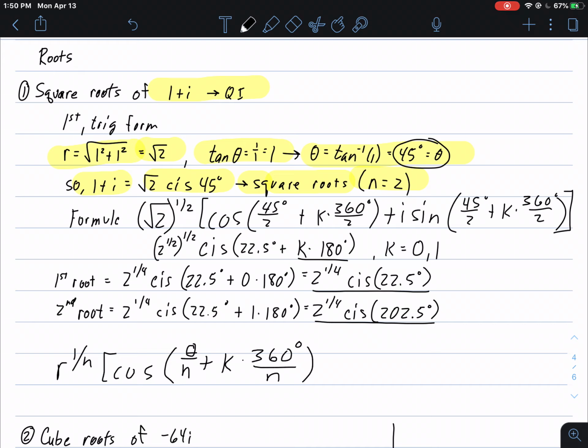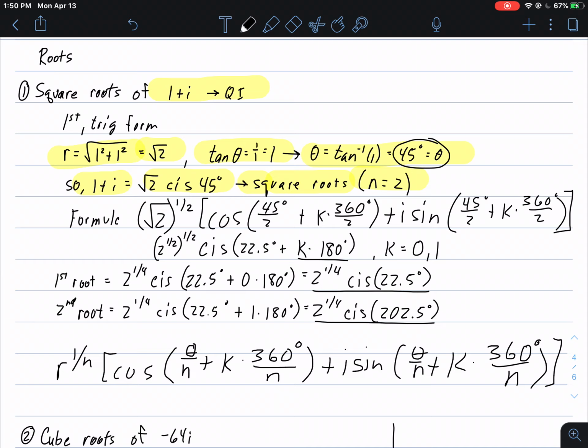You know, we could do radians as well. Watch all my parentheses and then the big bracket. That's our formula that we had on the slide.